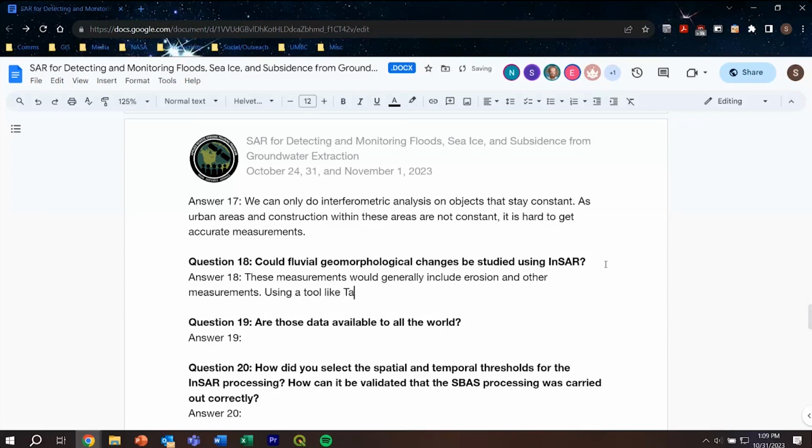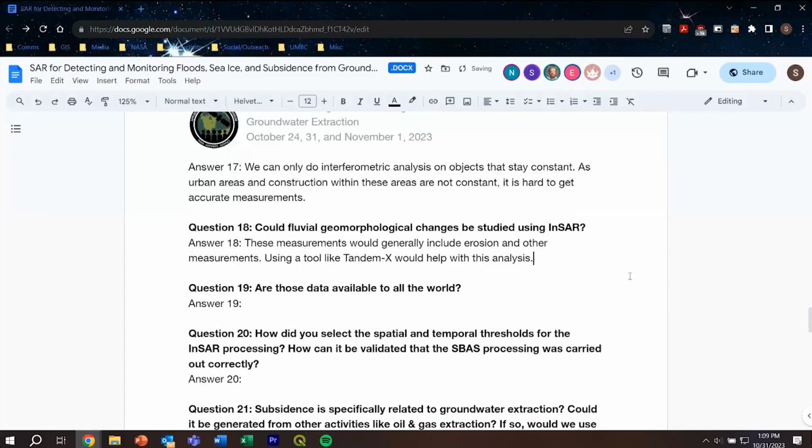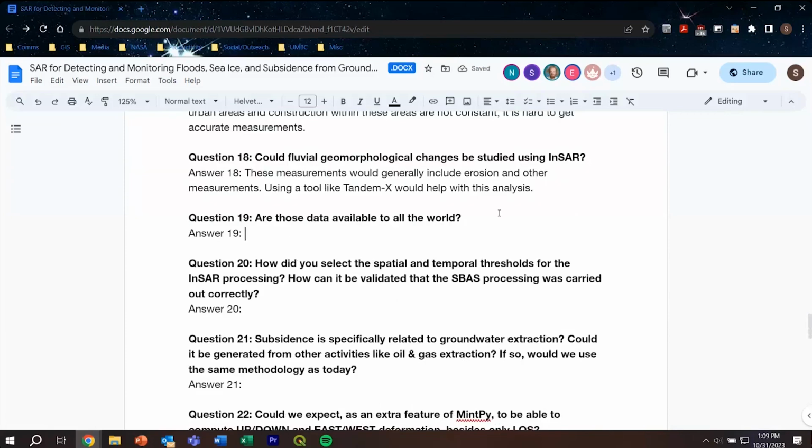Okay, question number 19. I think this question can be interpreted in two ways. So are these data sets available to everyone? Or are these data sets available all over the world? Yes. The Sentinel-1 raw data is available for most parts of the world, almost everywhere. And it's free and open.